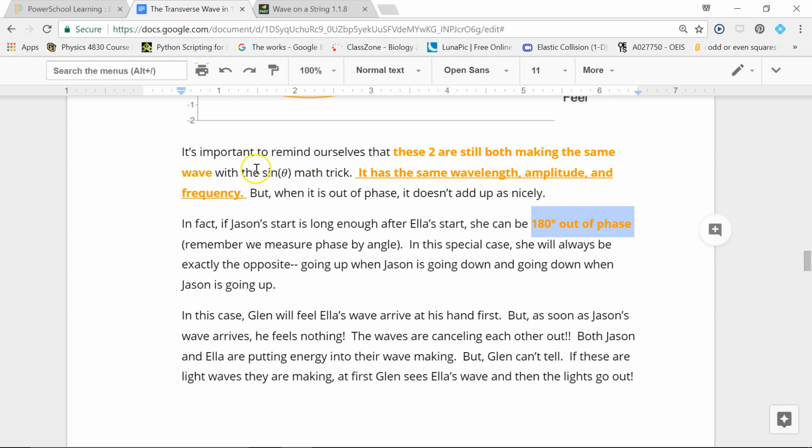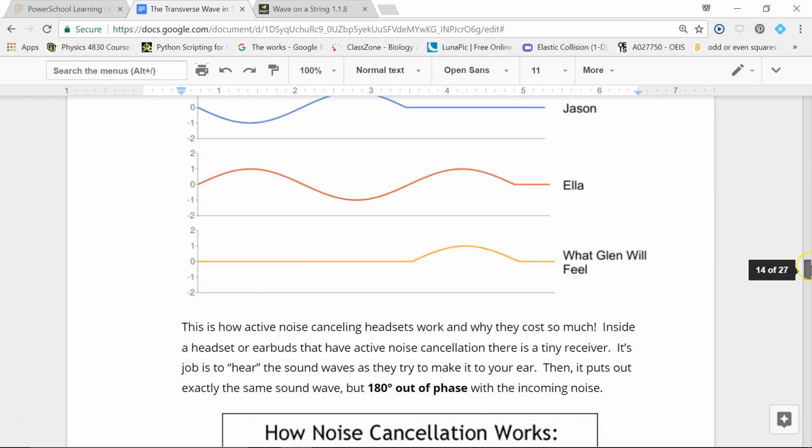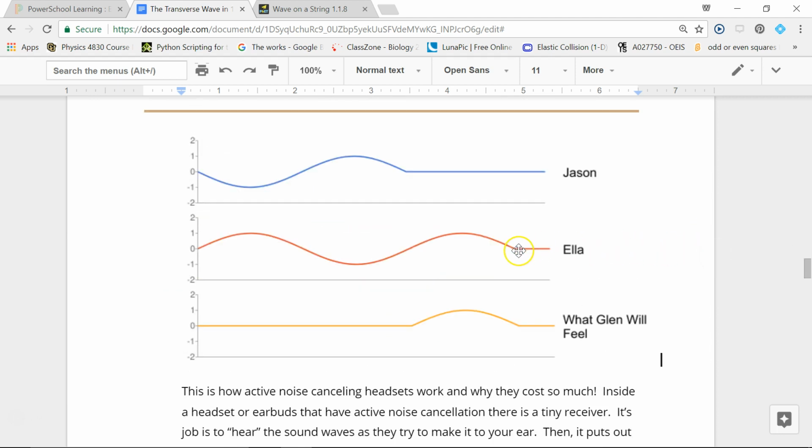We can change this so that Ella's start is so far ahead that she is 180 degrees out of phase. And you can play with that on the trig simulator. What that will mean is when Ella is done with her first peak and she's starting her trough, Jason is starting his peak.